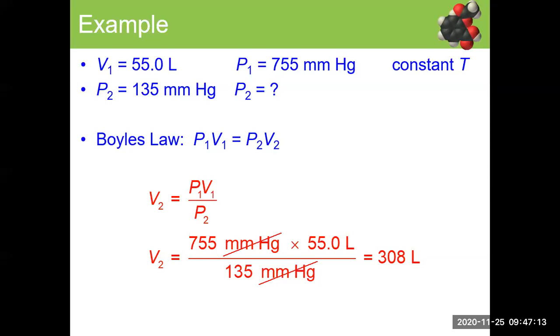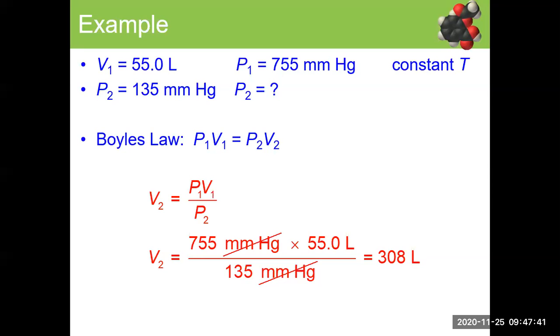Boyle's law tells us P1 V1 equals P2 V2. We can rearrange that equation because we're trying to solve for V2. We plug in our numbers, the millimeters of mercury cancel, and we're left with units of liters. Our final value, if we do the math, is 308 liters.